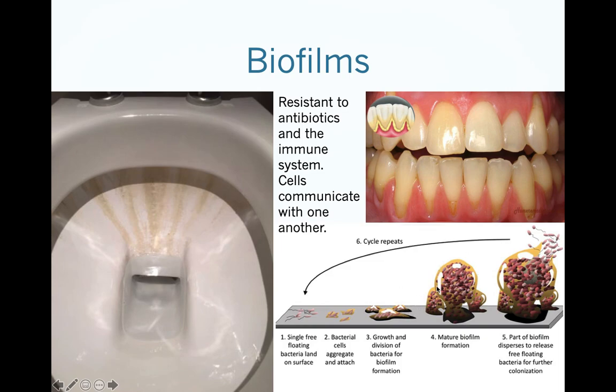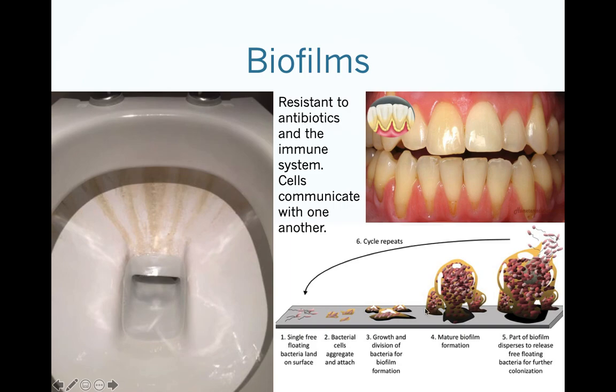Now, biofilms form a kind of protective layer for the bacteria that live inside of it. They form this kind of sugary layer on the outside of their cells that keeps them from being washed away, that keeps antibiotics from being able to penetrate down inside of them and things like that.